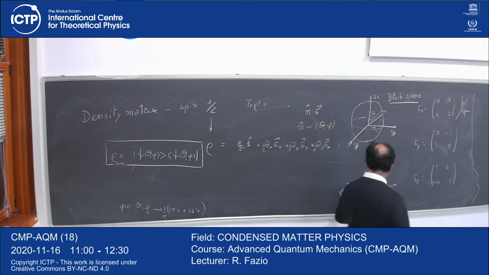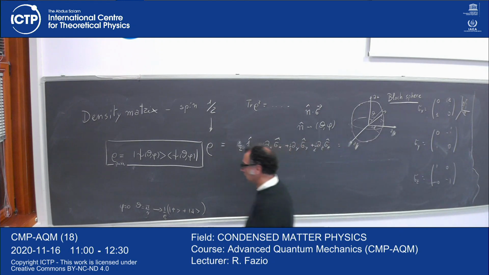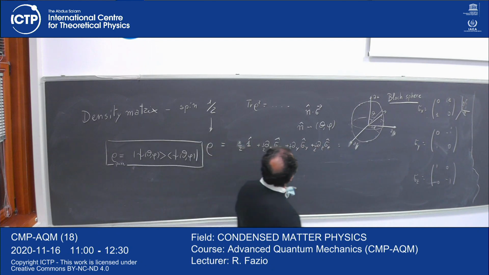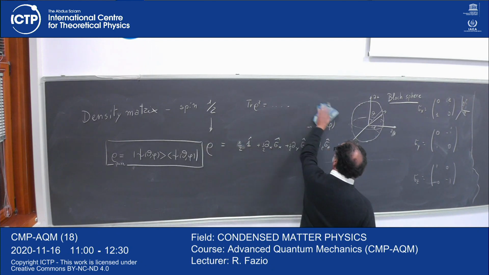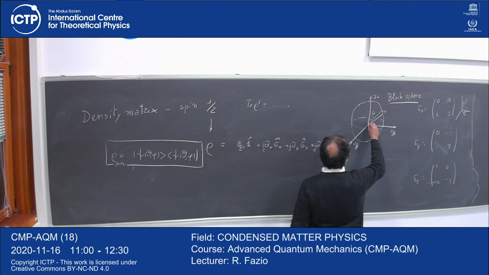The n dot sigma is the pure state density matrix. No, sorry. So I explain again. I just take a unit vector n.